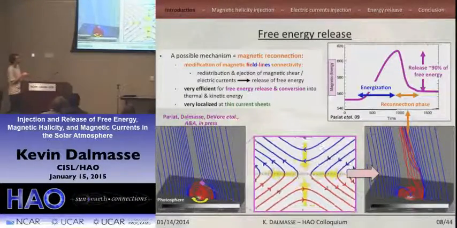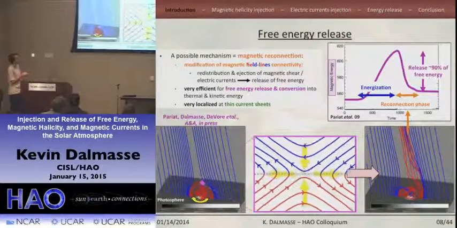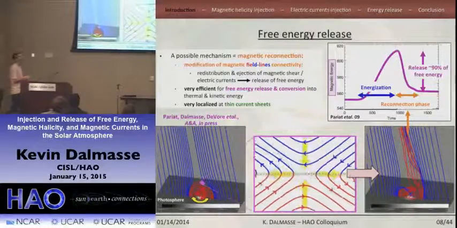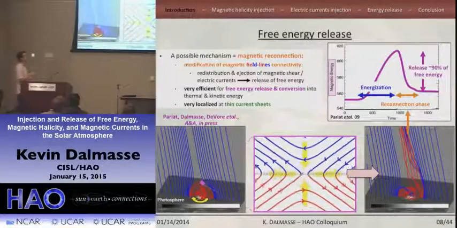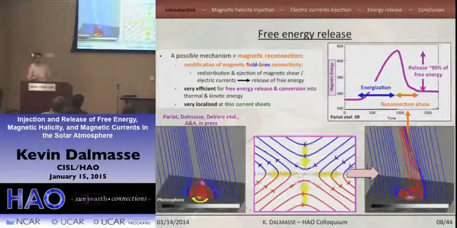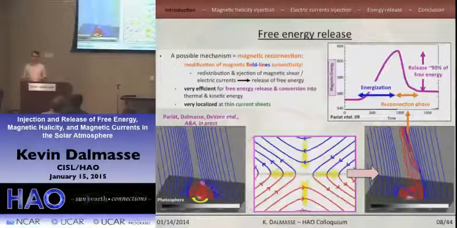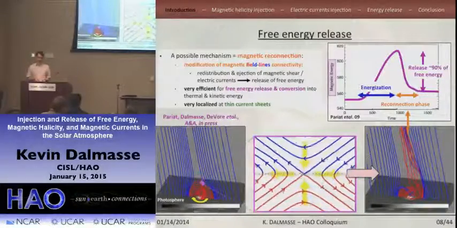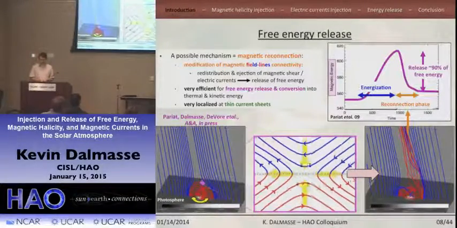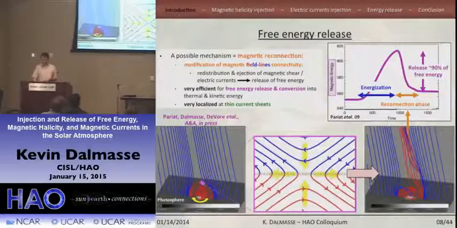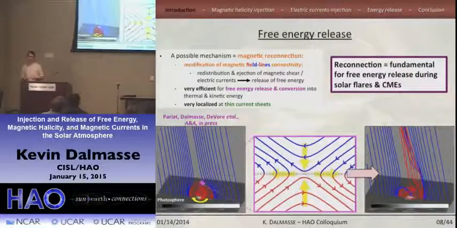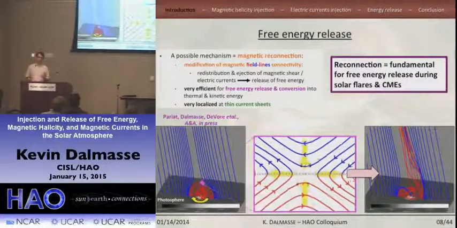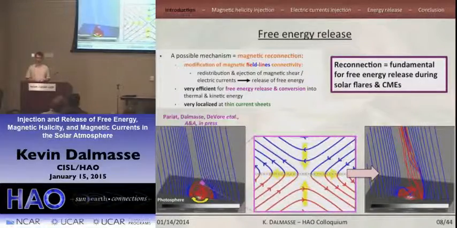As you can see, during the reconnection phase, 90% of the free energy is released. So this shows that magnetic reconnection is very efficient for releasing and dissipating energy in active regions. And so magnetic reconnection plays a fundamental role in the energy release during solar flares and coronal mass ejections.